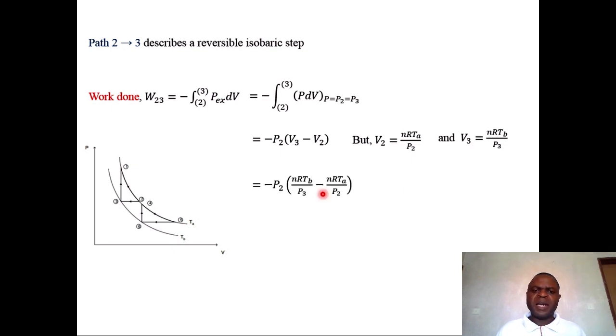So, if we substitute now, working from 2 to 3, we get minus P2 times the expression with V2 and V3 substituted, which is minus P2 nRTB over P3 minus nRTA over P2.